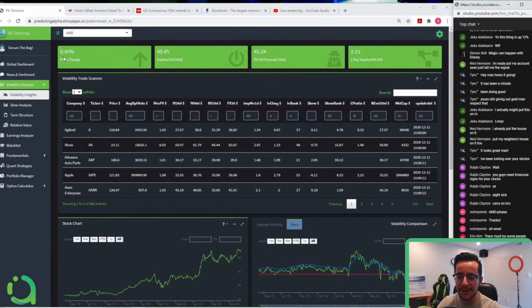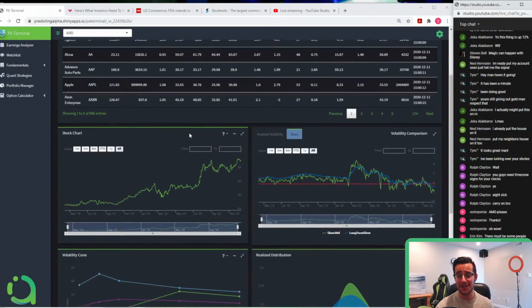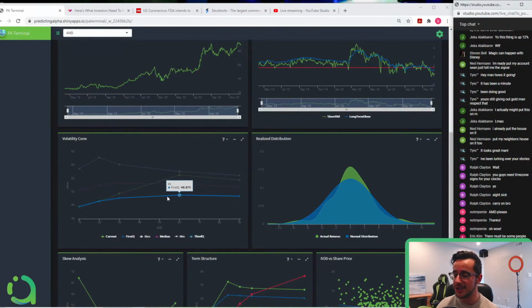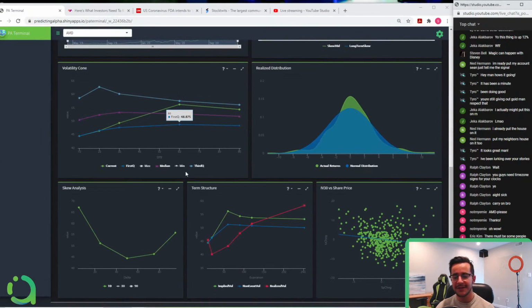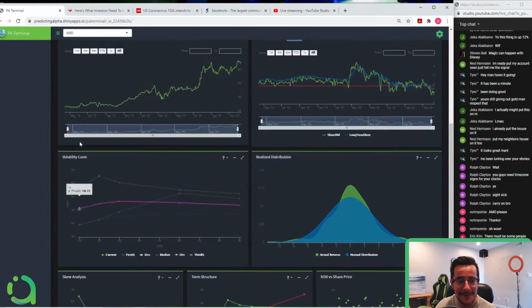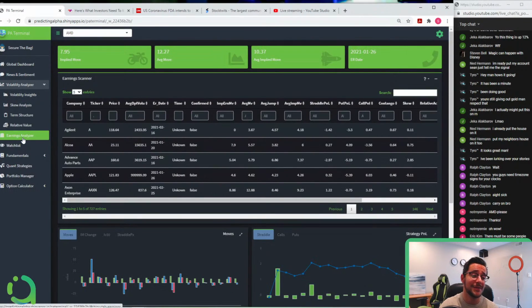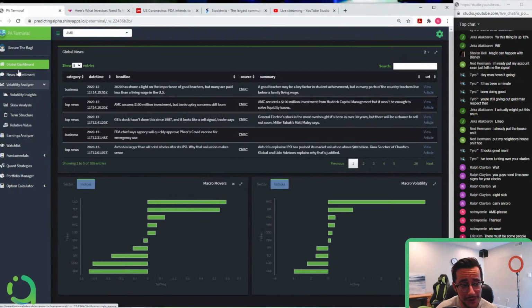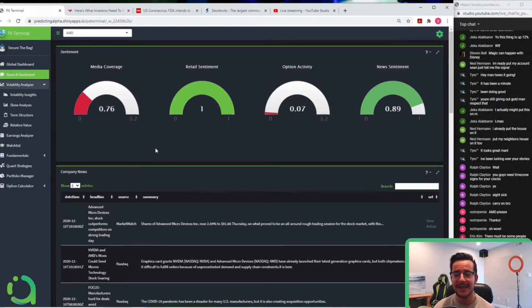Obviously, the number one thing is buying access to this terminal. I hope that this session is showing you what having access to information like this means. There's a reason people pay $25,000 for a Bloomberg. And a lot of these graphs are exactly what you find in a Bloomberg. The only other place you can find a volatility cone is Bloomberg, right? I actually think our earnings information is better. And you get access to news and sentiment, like what we were going over for AMD, how we were able to see what the retail and news sentiment was.